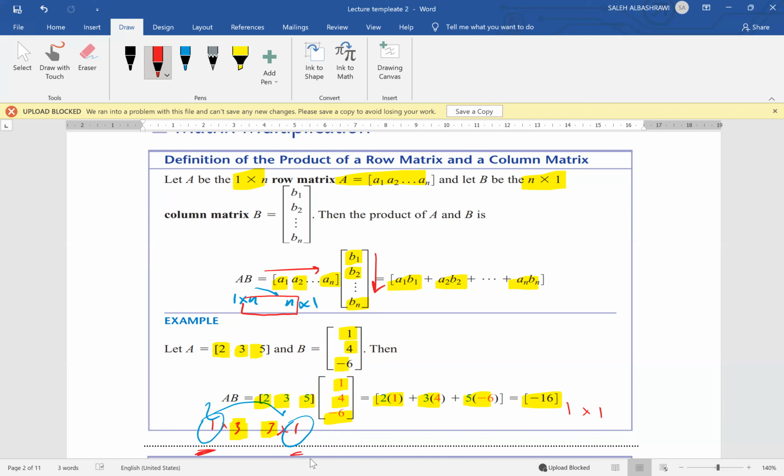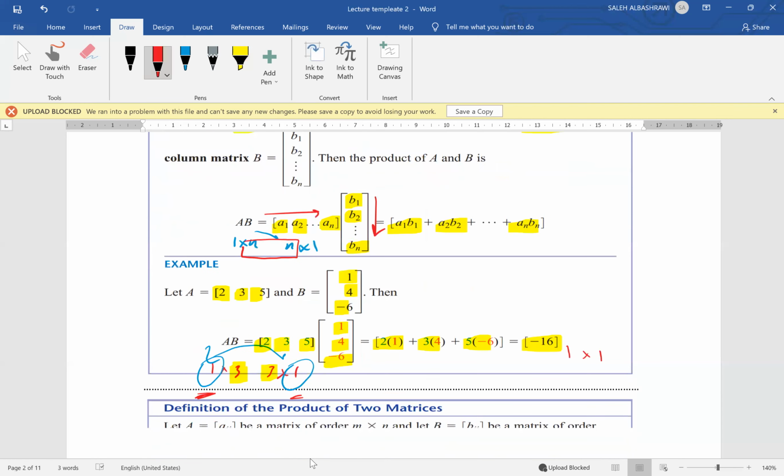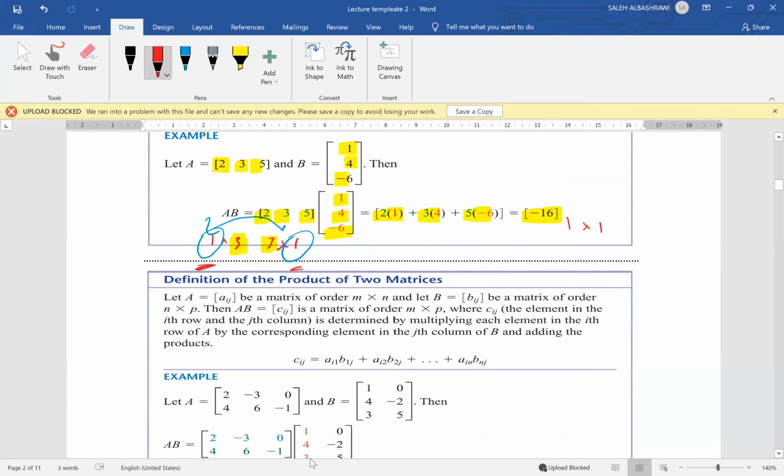So this is how to multiply a row matrix with a column matrix. If you want to make it more general, we have a matrix A of size m by n, and another matrix B of size n by p.